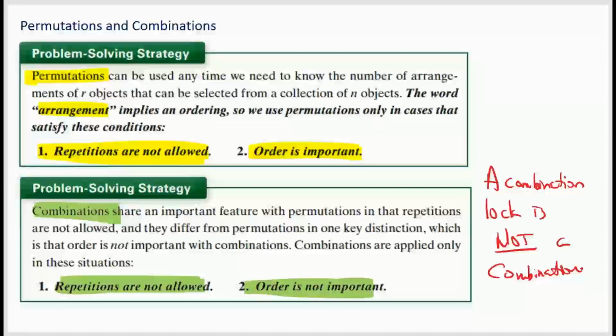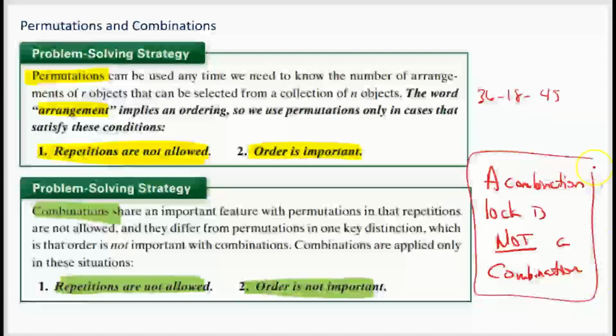Well, if your combination lock is 36, 18, 45, the order matters, right? You're not allowed to type in 18, then 36, then 45. It's not a combination at all. It's a permutation. So to help you memorize this, maybe you should do this. A combination lock is not a combination. So you know that for a combination, order does not matter.